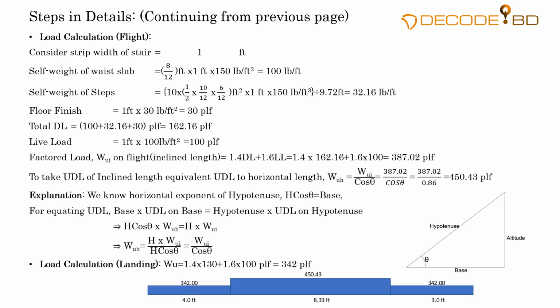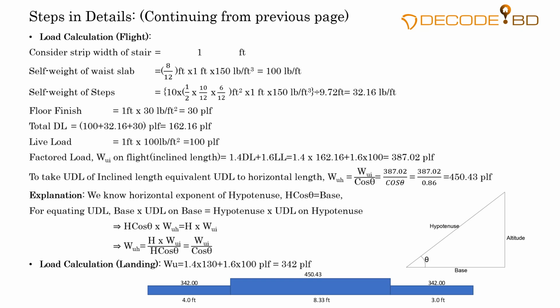So here this is the loading diagram: 4 feet, 8.33 feet and 3.0 feet. Here we can see why we have converted inclined length UDL into horizontal length UDL, to calculate SFD and BMD in a simplified way.